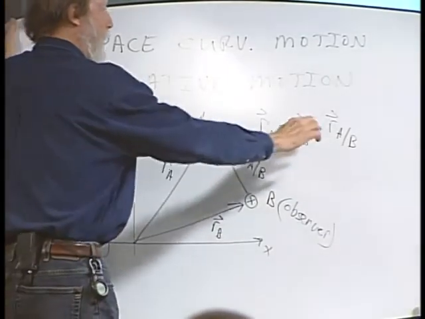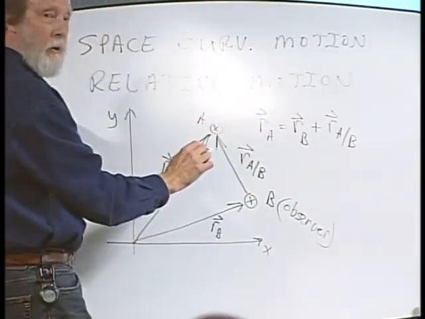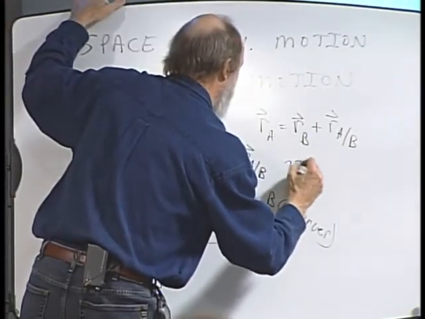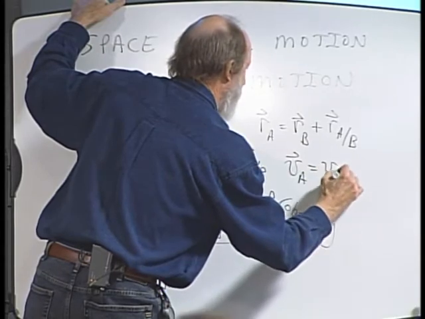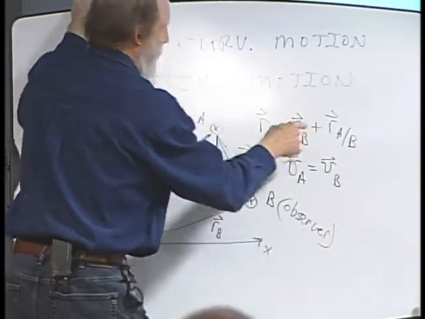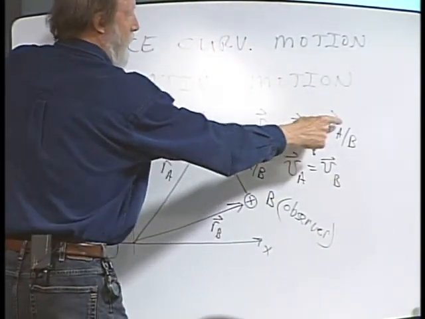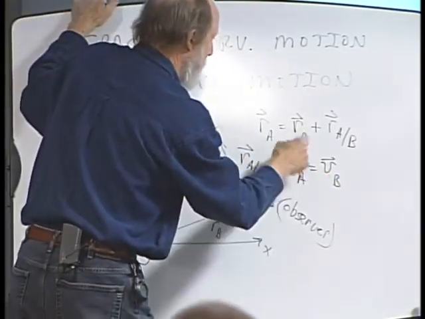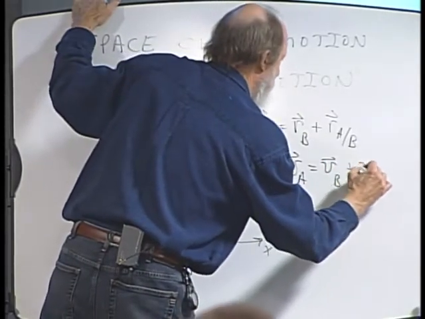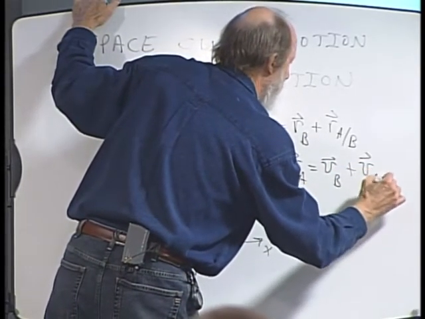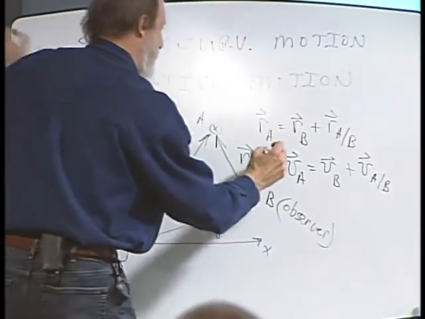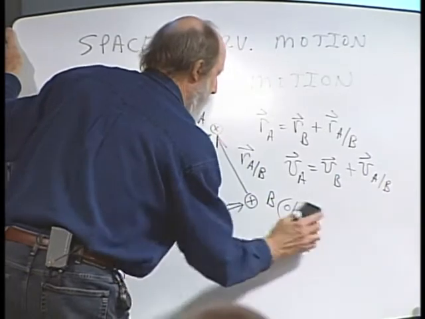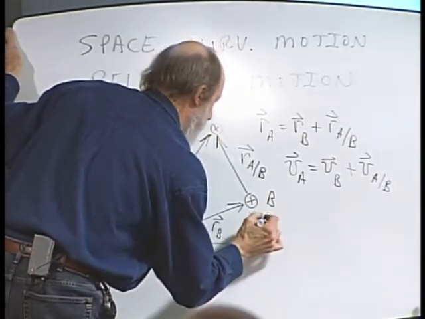Now, this is a position description. Let's take the derivative. So the velocity of A is going to be equal to the velocity of B, and the derivative of a sum of vector quantities is equal to the sum of the derivatives. So it's the velocity of B plus the velocity of A relative to B. And finally, you can then develop the acceleration equation.